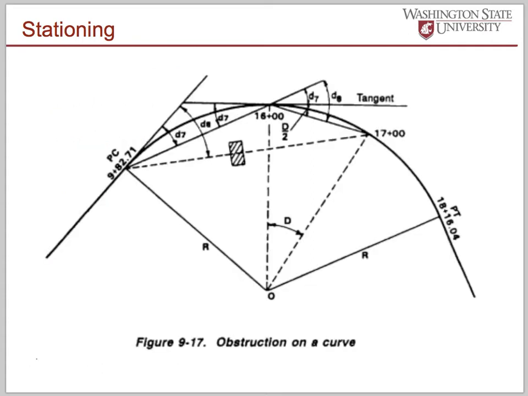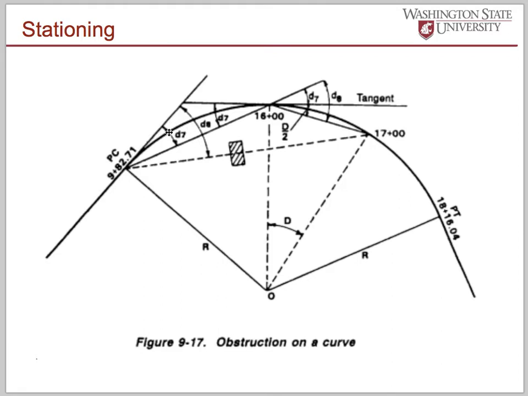Here's an example of where you have stationing. This would be where two straight roads come together and you have some sort of curve connecting them. At the beginning here, this would be the point of curvature for that roadway, 9+82.71, so that's 982.71 feet.